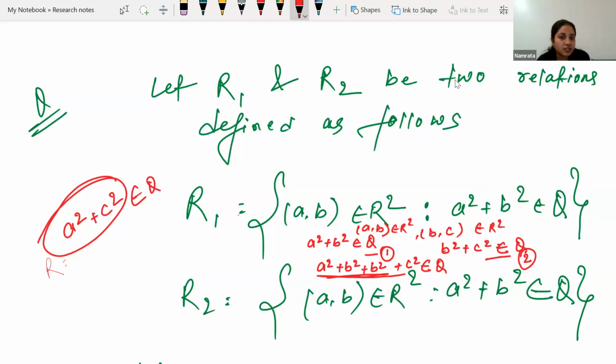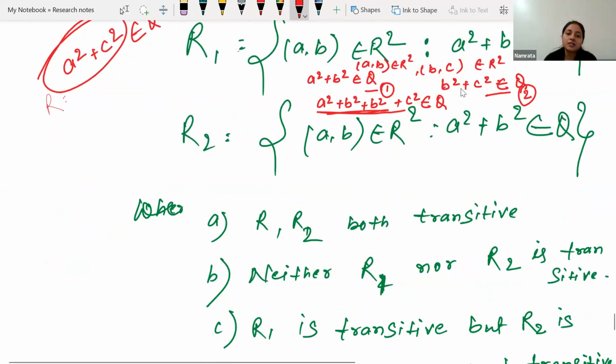So about transitivity, we cannot say anything here. a square plus 2b square plus c square belonging to rational numbers is true, but we are not sure that a square plus c square does. It is not transitive. Are you getting it? Yes, ma'am.